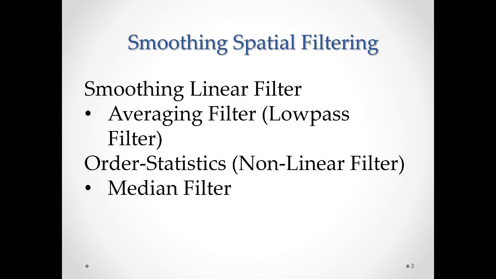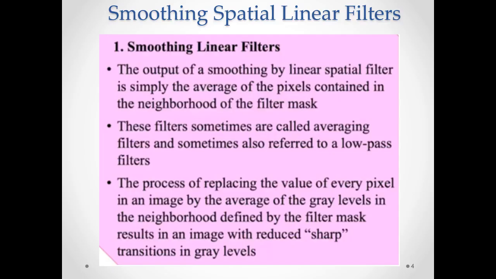If we take the average of these pixel values, we get the smoothing operation. These filters are also known as averaging filters because we are taking the average, and also as low pass filters.